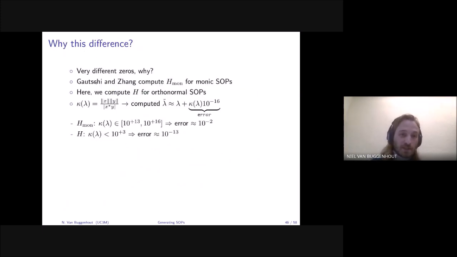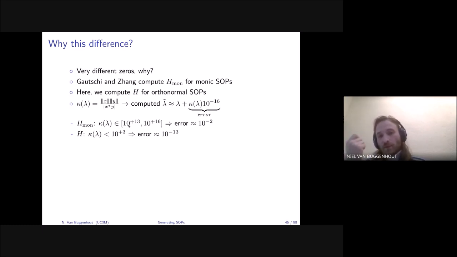Well, it's actually not that the methods by Gautschi and Zhang are incorrect. It is that they compute the recurrence matrix for the monic Sobolev orthogonal polynomials, while I do it for the orthonormal Sobolev orthogonal polynomials. And if we look at the conditioning of the eigenvalues of the monic recurrence matrix, we see that the condition number lies between 10 to the plus 13 and 10 to the plus 16.